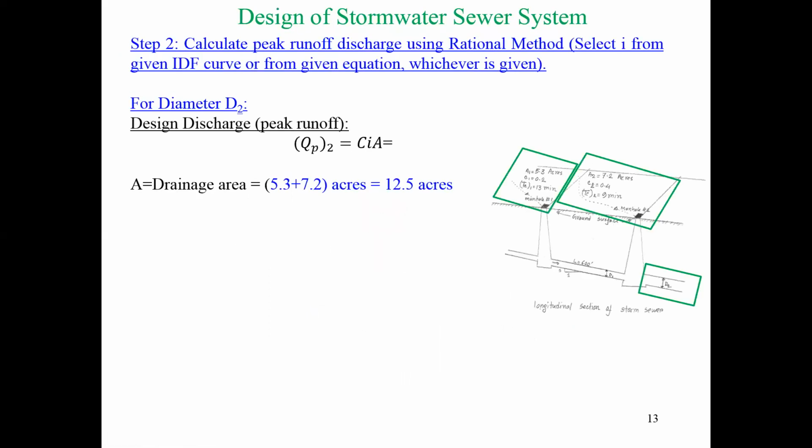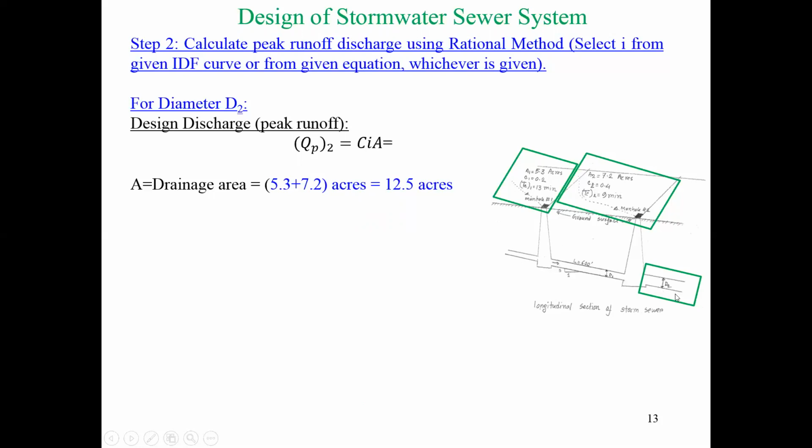Now, since we have to find D2 as well, we will repeat the same procedure, but this time the data will be a little bit different. Again, we will start from step 2 because step 1 is still the same. For D2, if you notice, D2 is getting water from this area, and at the same time all the flow from here, right?